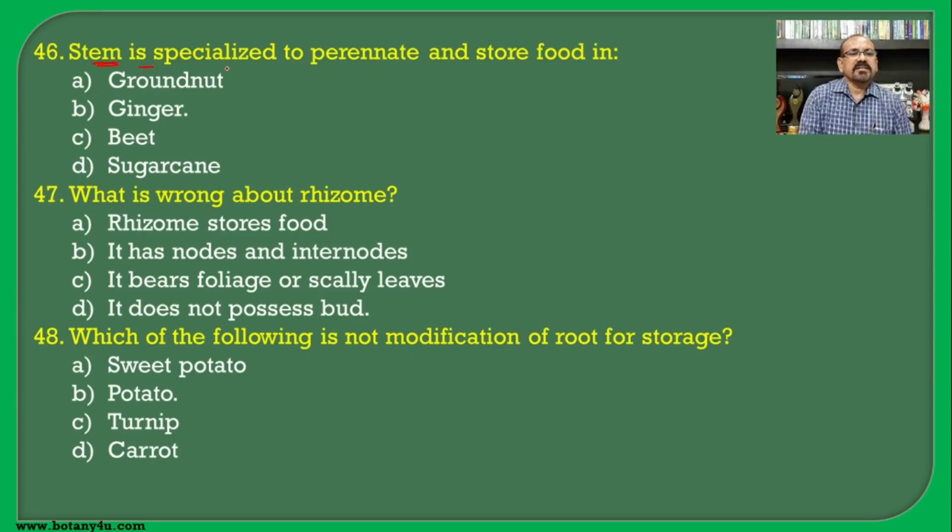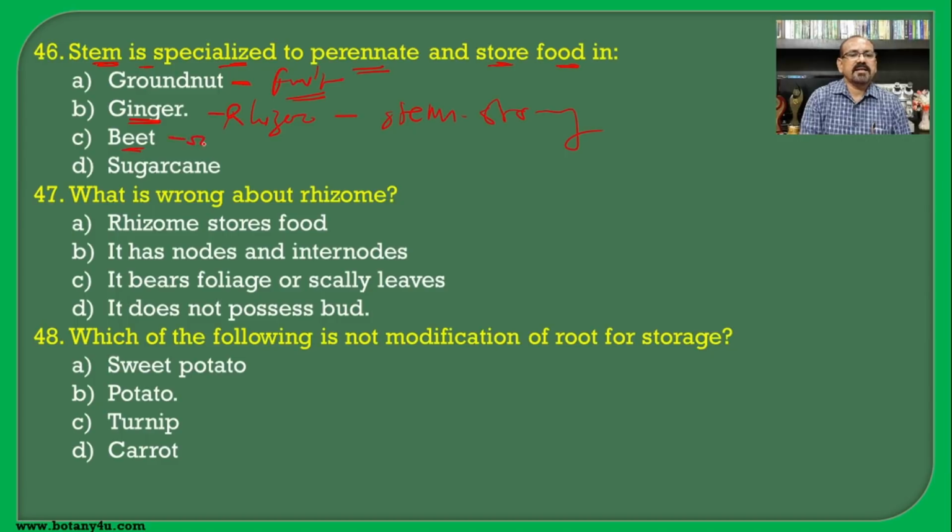Stem is specialized to perennate and store food. Groundnut is a fruit which develops inside the ground. Ginger is a rhizome, which is a modification of the stem for storage.